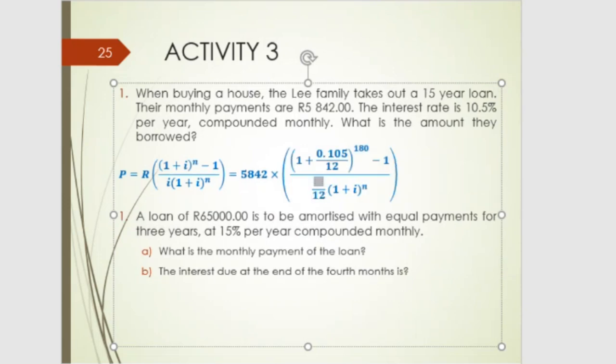We have got 12, 0.105, then multiplied by 1 plus I. Here's 12, here's 0.105.